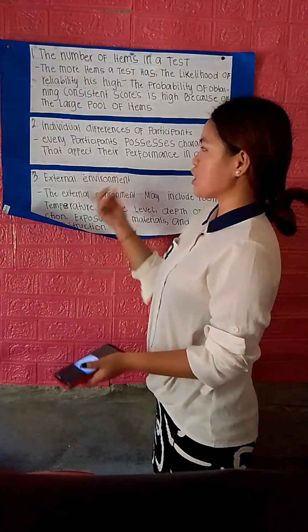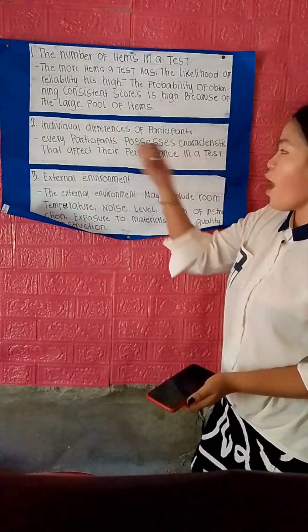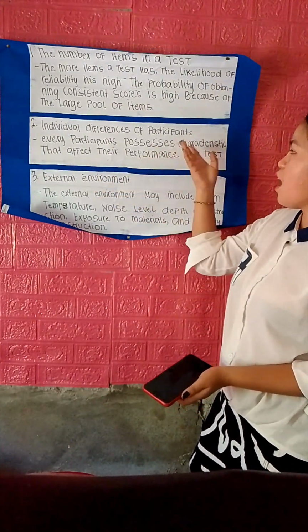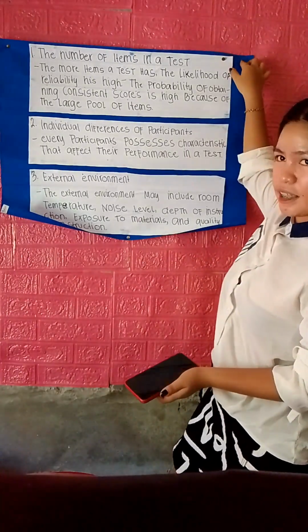Number 2 is individual differences of participants. Every participant possesses characteristics that affect their performance in a test.